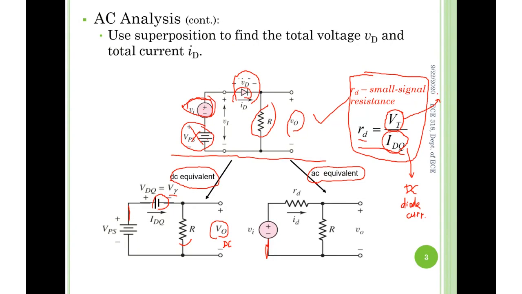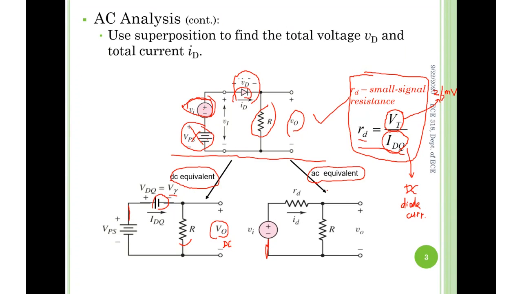And it equals to, generally speaking, 26 what? Millivolts. Okay, be very careful. It's not volts, but millivolt. It's temperature dependent, constant. However, we generally speaking assume it to be 26 millivolt.